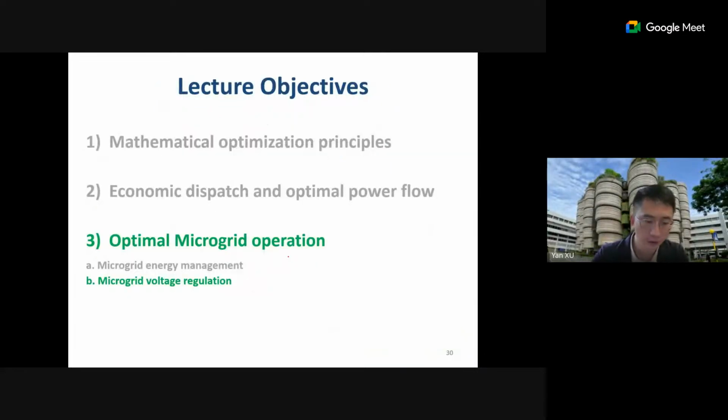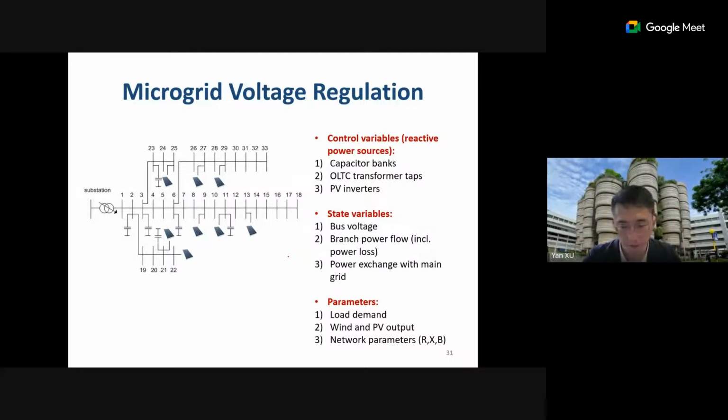Now, after that, the voltage regulation. Voltage is certainly also an important technical parameter in the power network. So how can we control the voltage? We remember that the voltage is not directly controlled because essentially they are state variables.